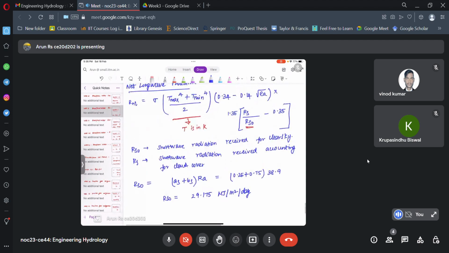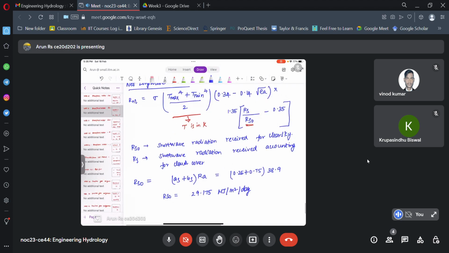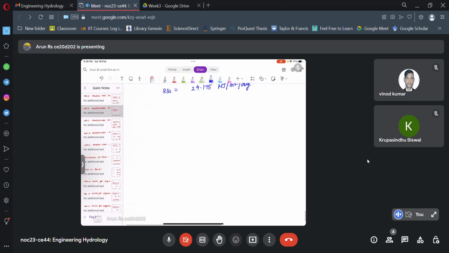So now we have all the terms necessary to calculate. I'm just going to substitute in that big expression. RNL is equal to 4.903 into 10 power minus 9. This is the Stefan Boltzmann constant. And 293.5 power 4 for maximum temperature, 289 power 4 for minimum temperature, multiplied by 0.34 minus 0.14 into square root of your actual vapor pressure, 1.3122.